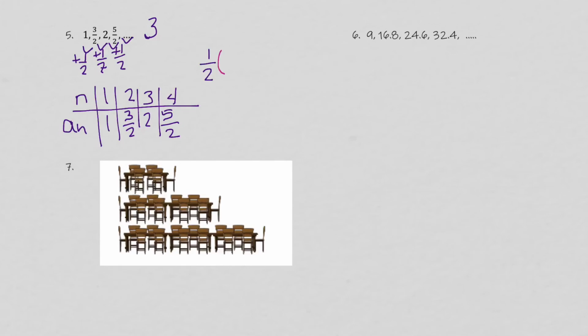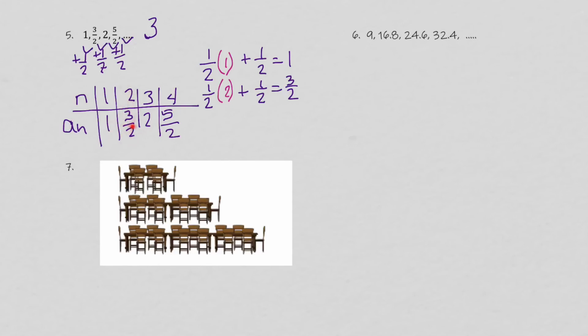So I'm going to do 1/2 times 1, which would be 1/2, and I would need to add a half to that to get that to equal 1. So then I'm going to try the second one and see if it works. So if I take a half of 2, right? Half of 2 is 1. If I add 1/2, I would get 1.5, or I would get 3/2, which is what we wanted to get right here.